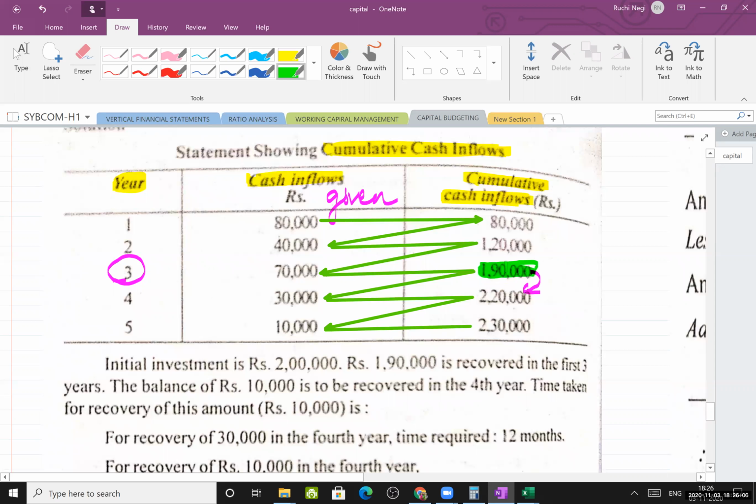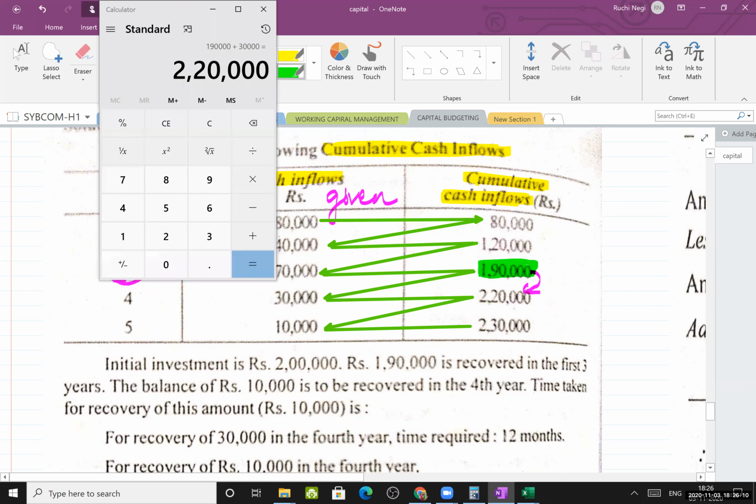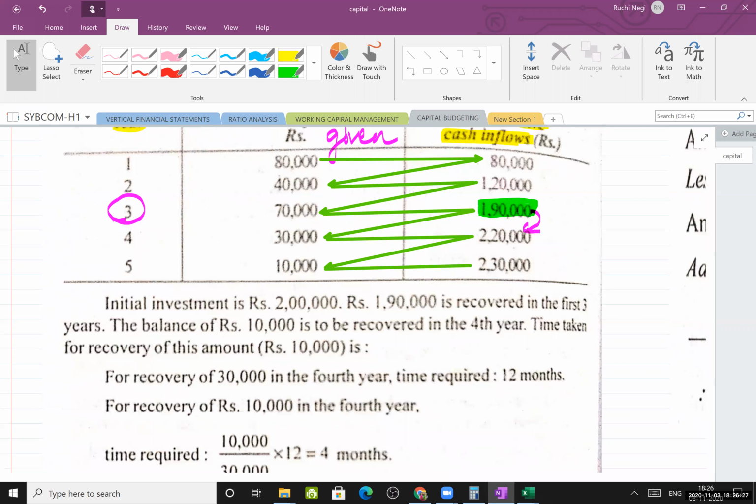To complete 2 lakhs, how much more is needed? 10,000 more. I need a cash outlay of 2 lakhs, and in the 3rd year my cumulative cash inflow is 1 lakh 90. So there is only a gap of 10,000, which I will complete in the 4th year. So one thing is sure, my answer is 3 years, but a few more months I will take to cover that 10,000 rupees.